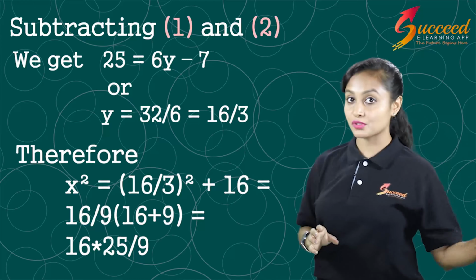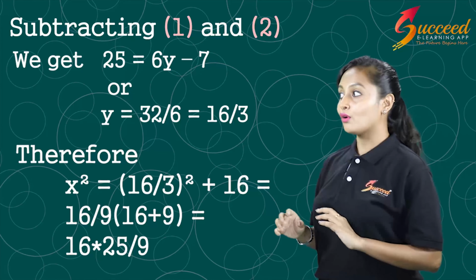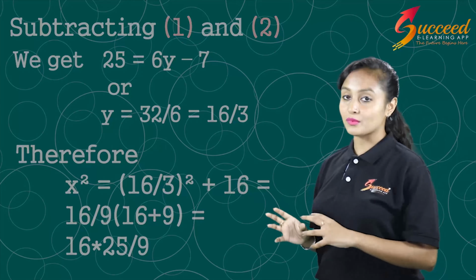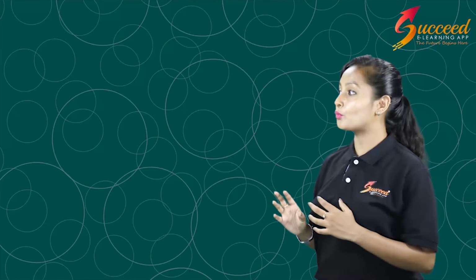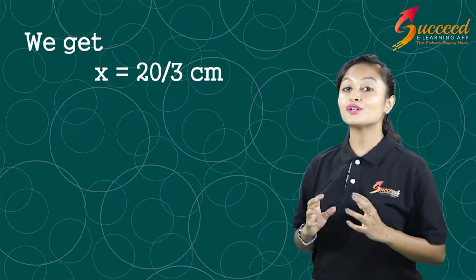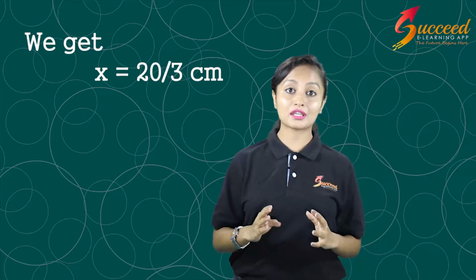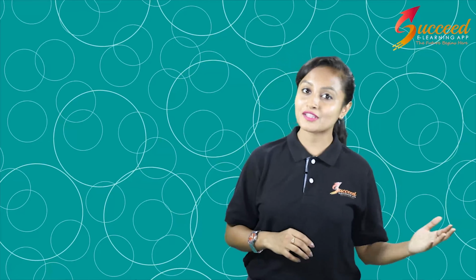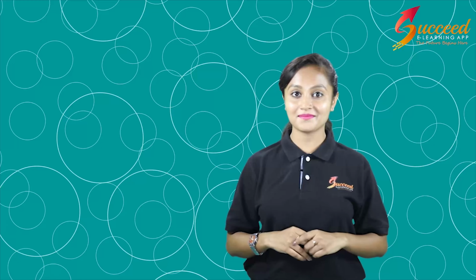This is from equation 1. Therefore, on cancelling out the common terms and doing the math, we get x is equal to 20 divided by 3 centimeters, which is exactly the same as the value that we had got in our previous method of resolving this problem.